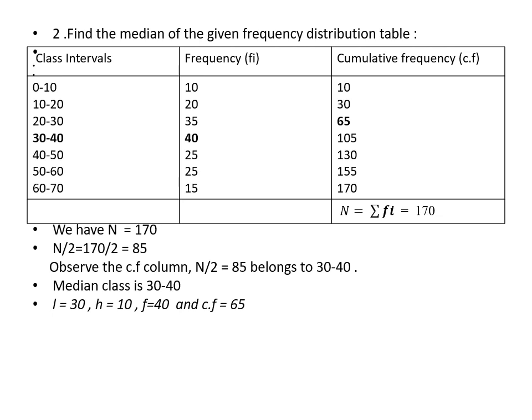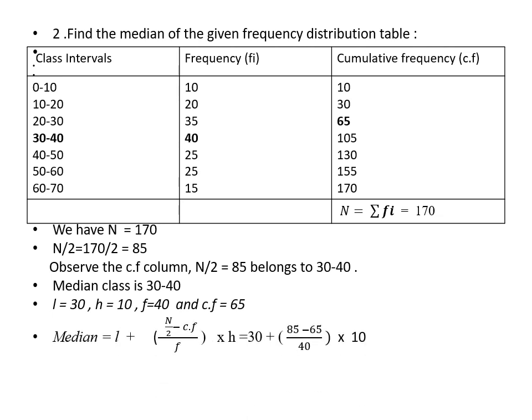Now again you have to select the lower limit of that median class as L, class size as upper limit minus lower limit, that equals H, and frequency of the median class equals 40, and select CF as the cumulative frequency of the preceding class.